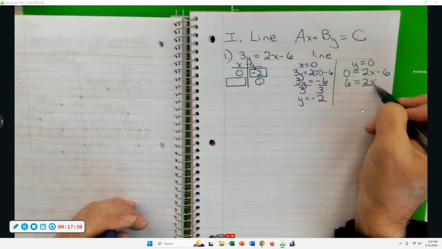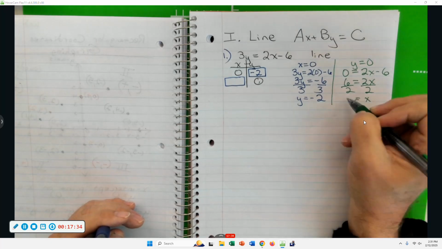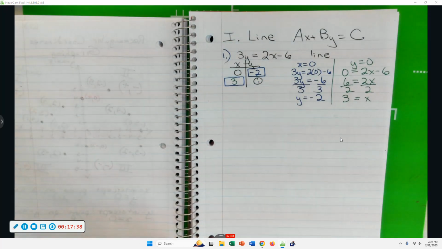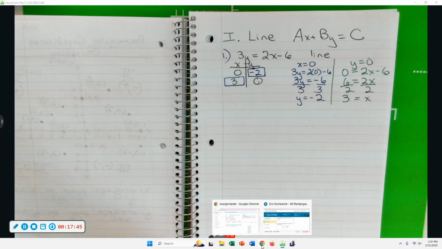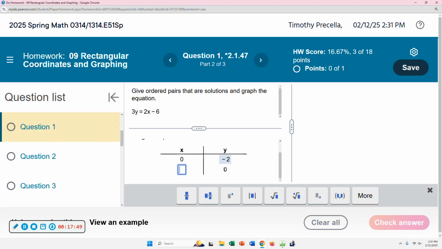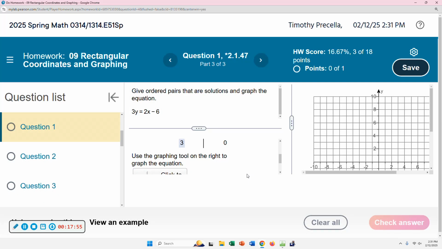Divide by 2 to give us x equals 3 for my second ordered pair. X is 3. Let me punch that in. Check that answer. Okay. See, there's your ordered pairs.